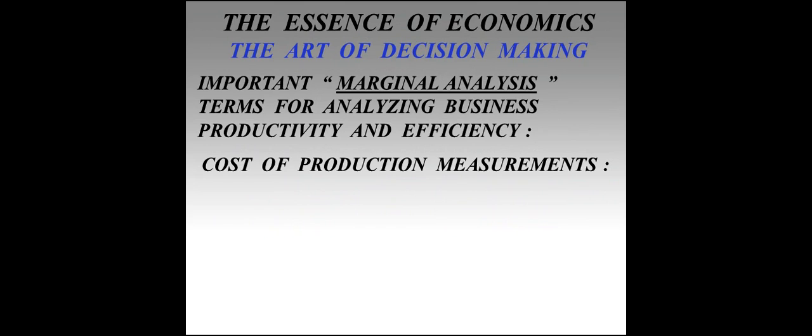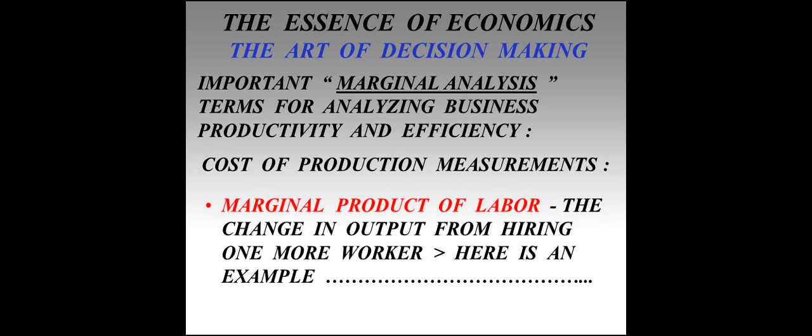Now, the suggestion of an increase in any number of resources could have been used to explain the incremental increase in production in the example that we just looked at. If you happen to be one of the people that said, well, you could have added more workers, well, that brings us to the next example of marginal analysis term for productivity and efficiency measurements.